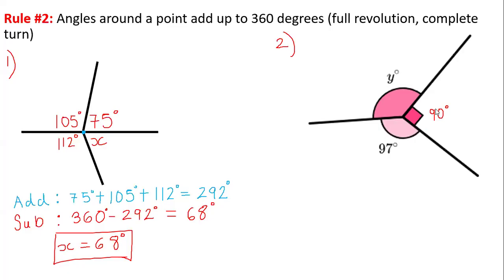So it's going to be 90 and 97. The first thing we're going to do is add. Please understand that once we have this box, the box means 90 degrees.